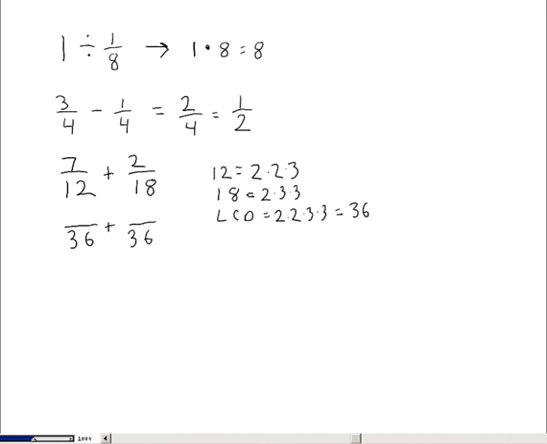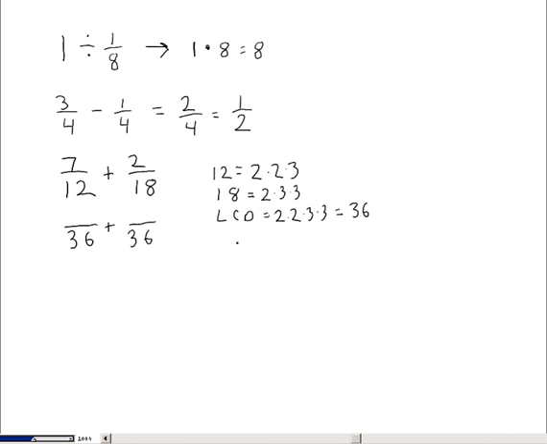And we say which one of these rows has the most amount of 2's in it. Well, this row does, and how many 2's are in it? 2. So we need 2 2's. Of both of these rows, which one has the most amount of 3's? This one does. So we'll need 2 3's, and then the lowest common denominator, you can get that by just multiplying those together, and that's 36. So that's what we have here.